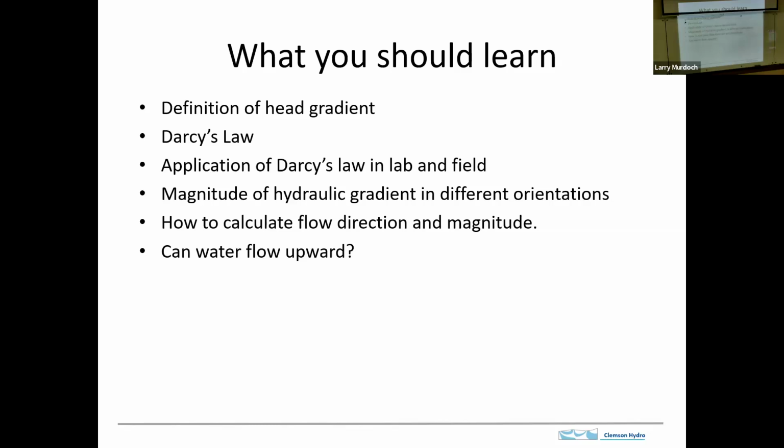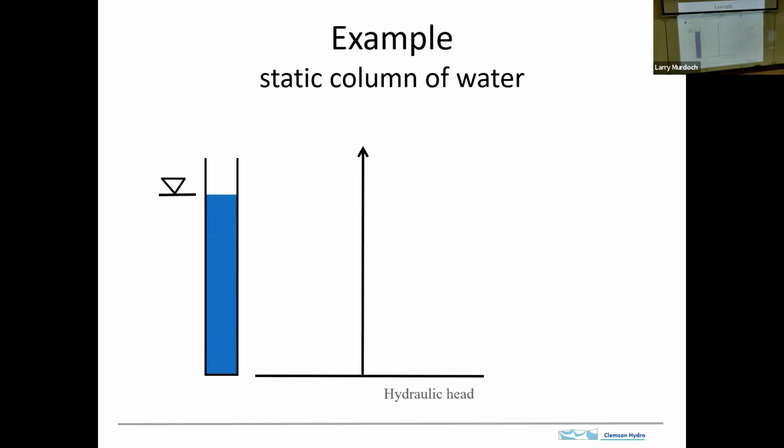Here's the stuff we're going to do. To get started, I want to go back to our definition of hydraulic head from last time, where for groundwater we said that the total hydraulic head has an elevation head and a pressure head component.